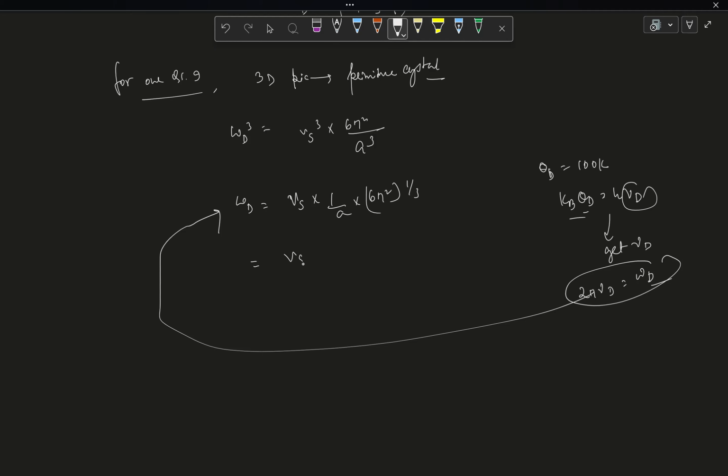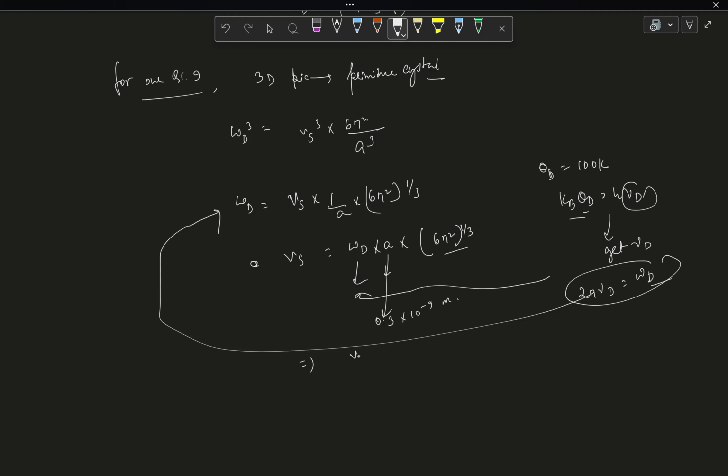Now the Vs value you have to calculate. So Vs equal to omega d into a into 6 pi squared to the power 1/3, and the value of omega d is known from here. Obviously, the value of a is given in the question, that it is 0.3 into 10 to the power of minus 9 meter, and these are all the known terms.